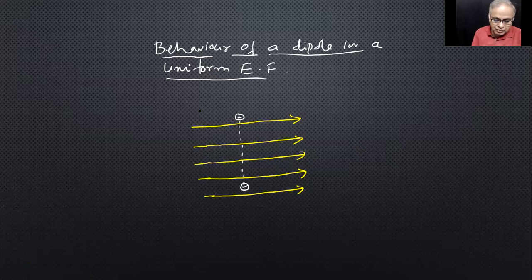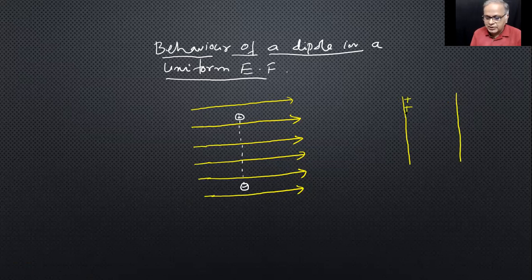If you think, what is this dipole? I've not seen it. How do I suspend it? Practical things are there, like a parallel plate capacitor, which means two oppositely charged plates placed at some distance from each other.